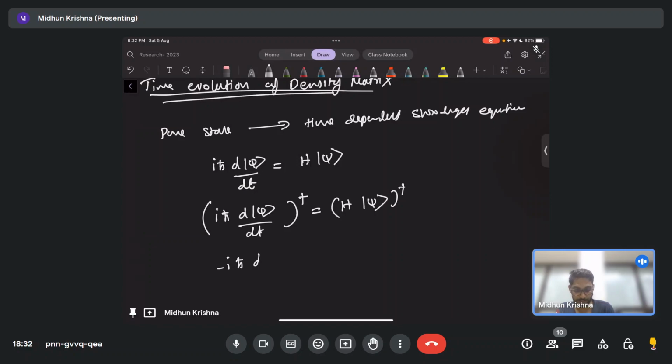For d psi by dt, d by dt, nothing happens to it. Psi dagger, it just changes into a bra. And if I have AB whole dagger, this becomes B dagger A dagger.